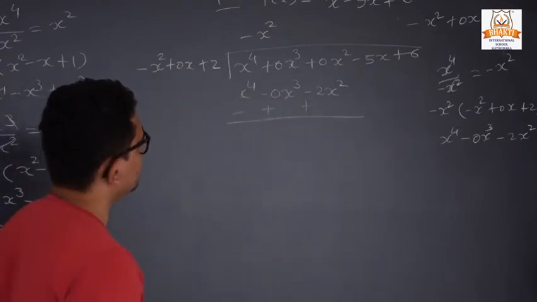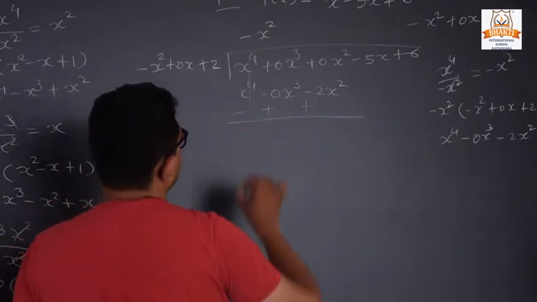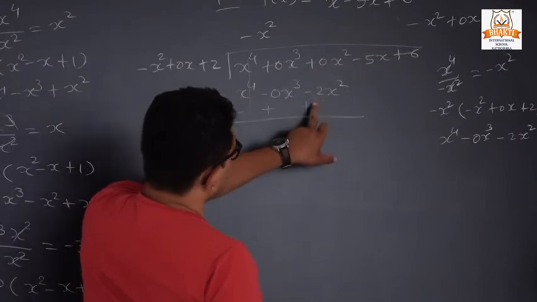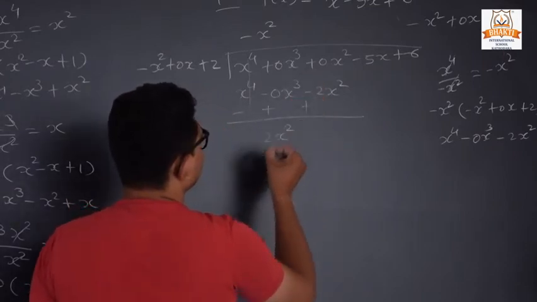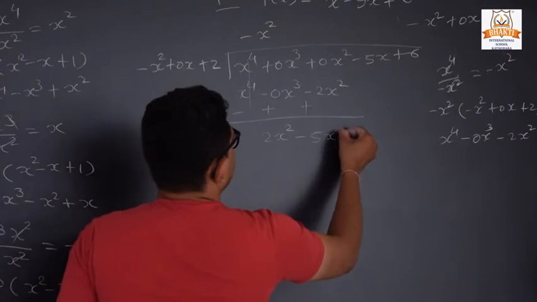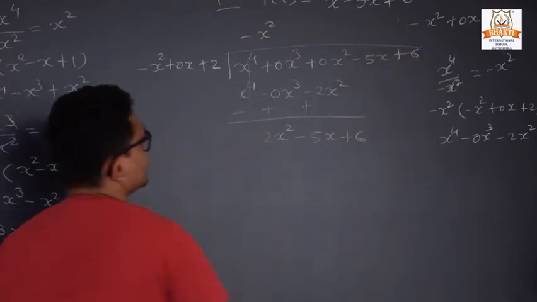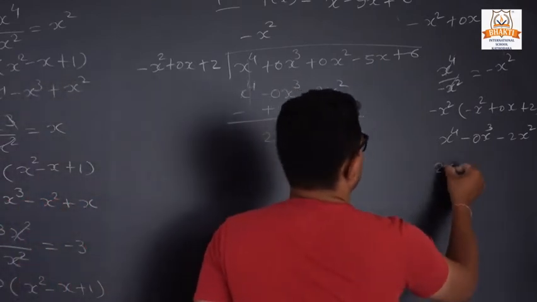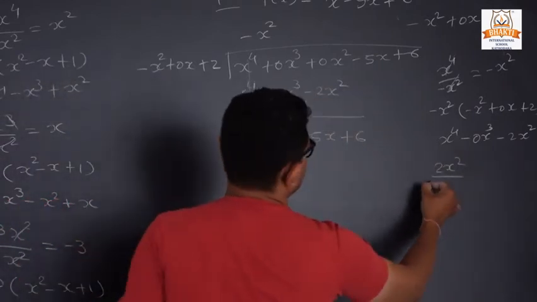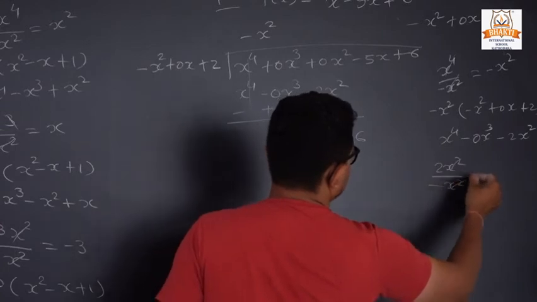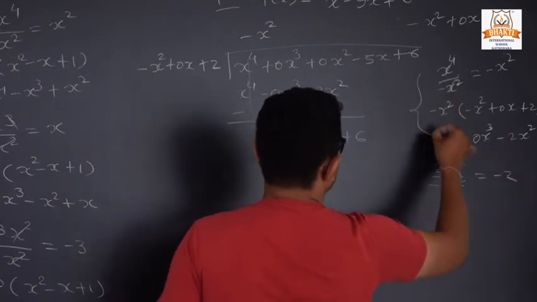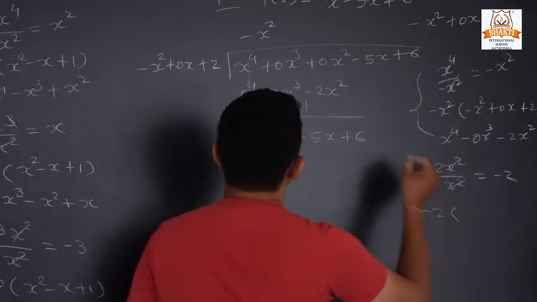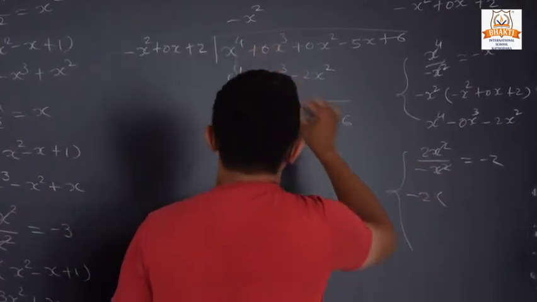Clear, sign will be changed. So these both are cut. 0 plus 0, so it will be 0. 0 plus 2, so it will be 2x square. Then remaining two terms will remain same. Once again we can write 2x square, it is divided with minus x square. So x square cut, answer is minus 2. Now minus 2 is multiplied with these all three terms.